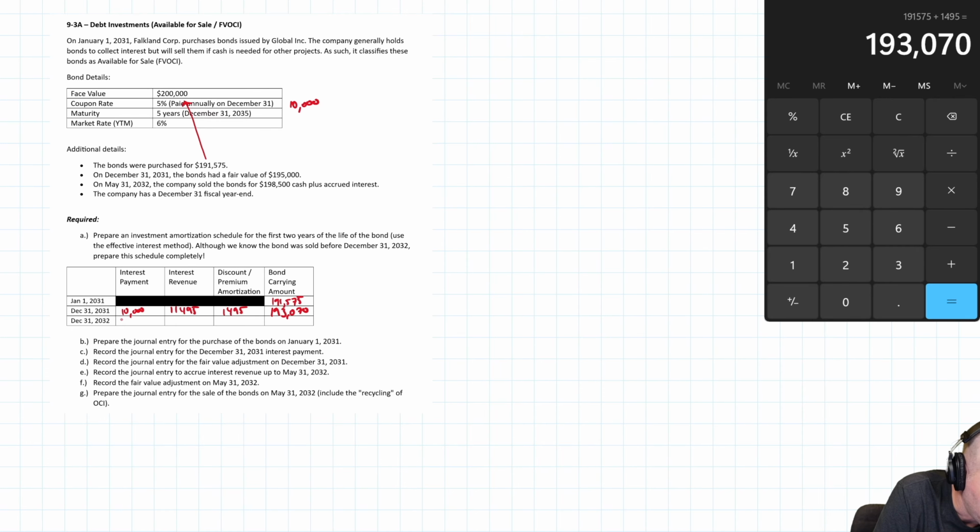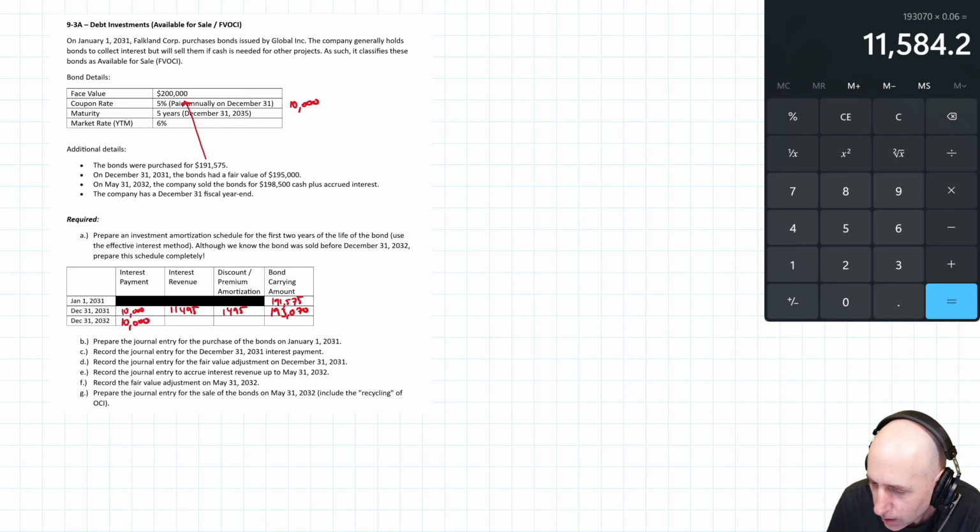Our payment on December 31st, if we own the thing on December 31st, 2032, would be $10,000. Our interest revenue on that date would be $193,070 times 6%, 11,584. And the premium or discount amortization here is 1,584, just the difference between the two.